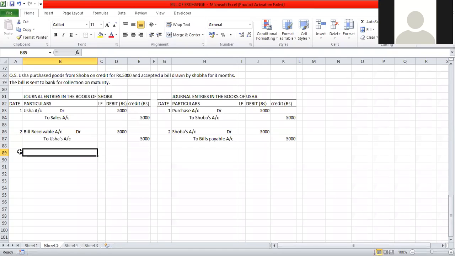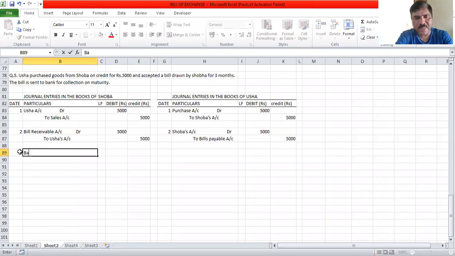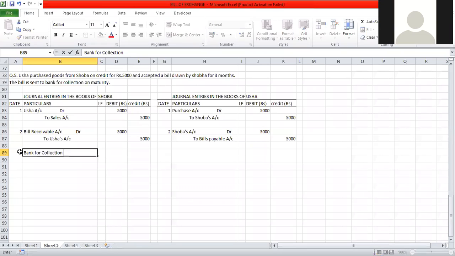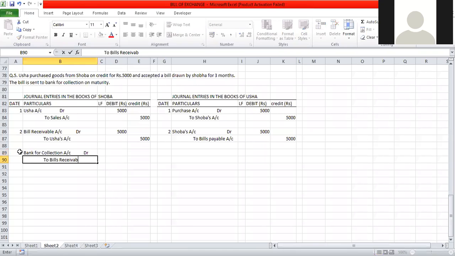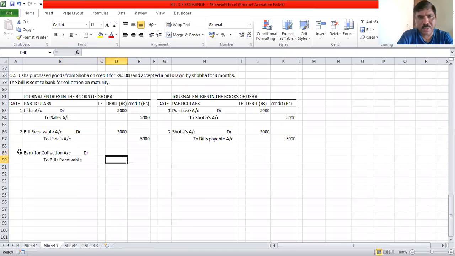Bank for collection account debit, bank is the receiver, to bills receivable account. We are giving the bill receivable. Bill receivable goes out, so credit what goes out. Therefore, the bill receivable should be credited.